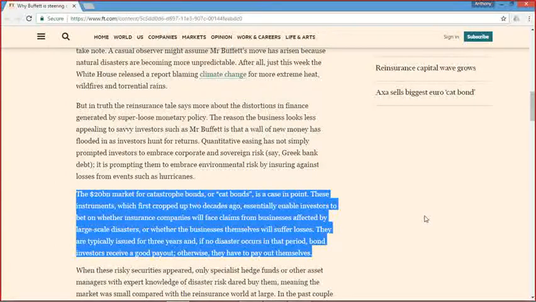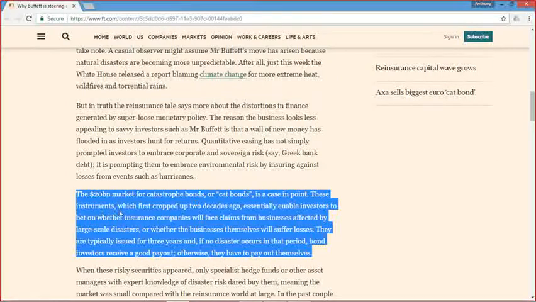Okay, have a look at this. It's a $20 billion market. Not millions. We're talking billions. My word. And that's dollars. It's a $20 billion market for catastrophe bonds or cat bonds. Have a look at what happens here.